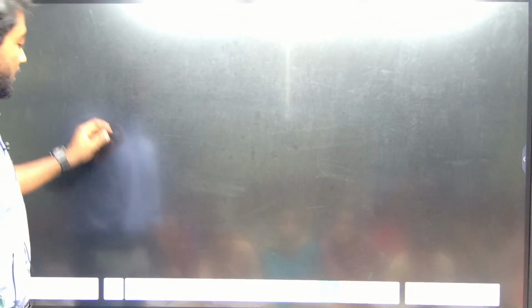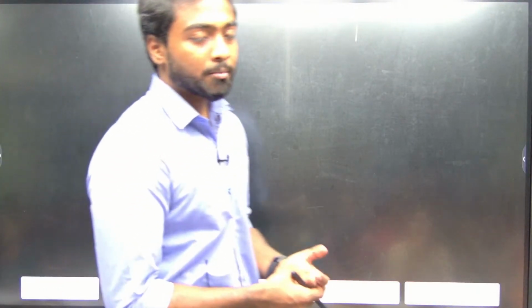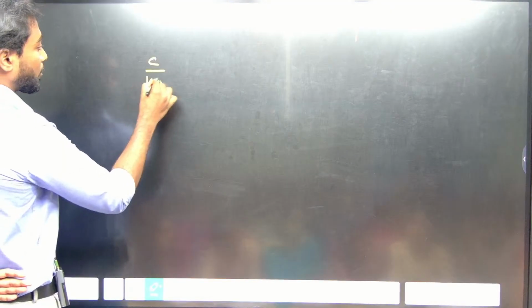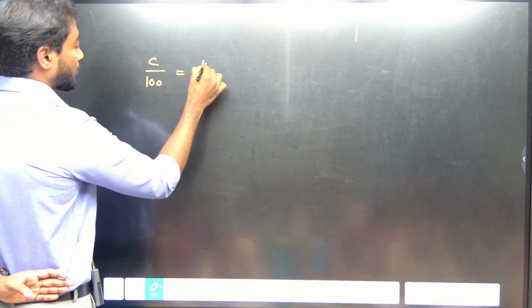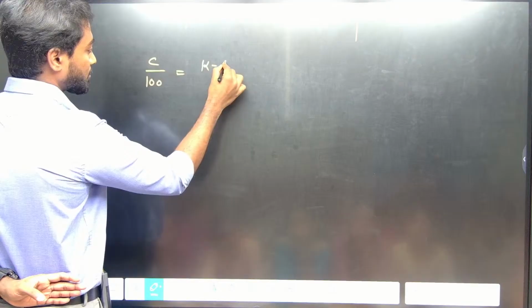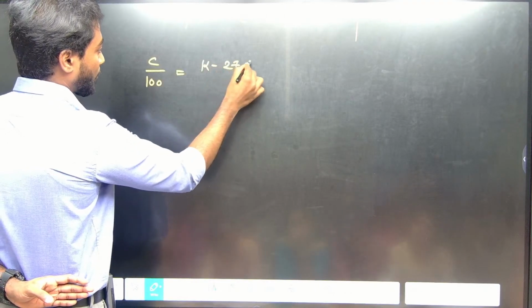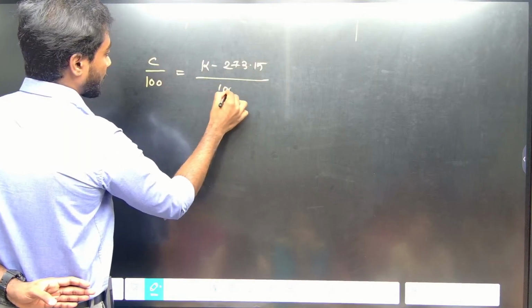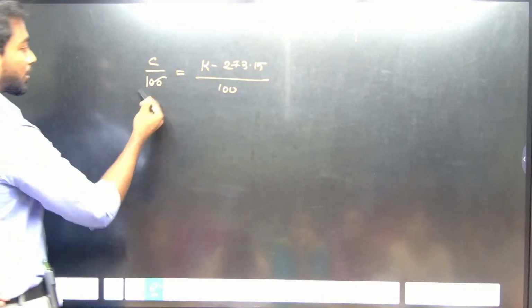So the next thing is, what is the relation between Celsius and Kelvin? C by 100 equals K minus 273.15 by again 100, no? So 100 will get cancelled.